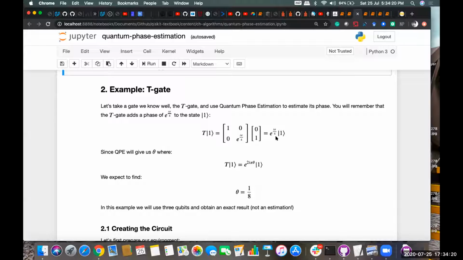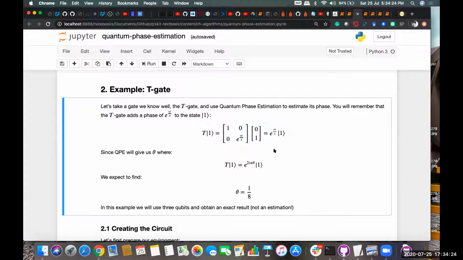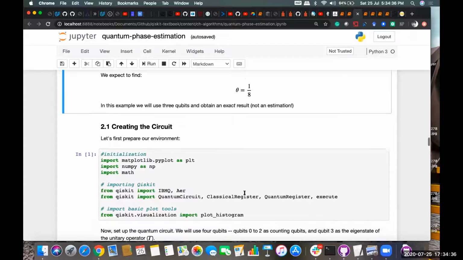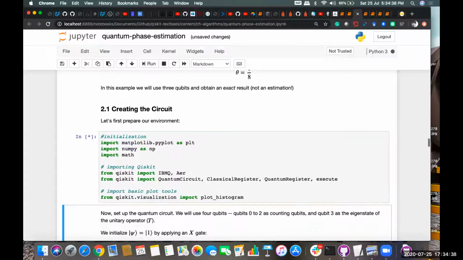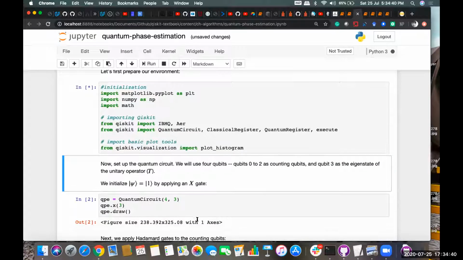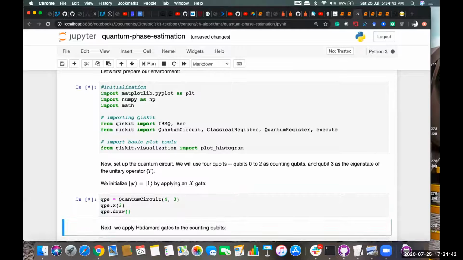So that will again be the same thing, e to the power i pi by 4, theta from here. Since the quantum phase estimation gives us the value of theta, we expect the value of theta to be 1 by 8. So let's create the circuit and identify whether we are getting the same theta value or not. Okay.